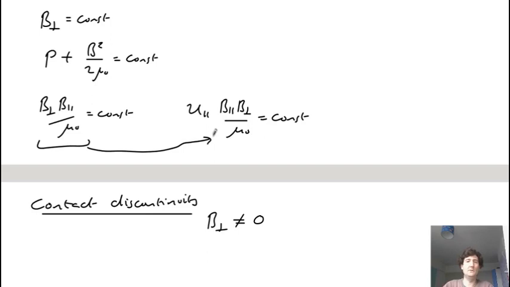So this is constant, and this implies that u parallel is constant. So if b perpendicular is non-zero, then b parallel is constant, and also u parallel is constant.